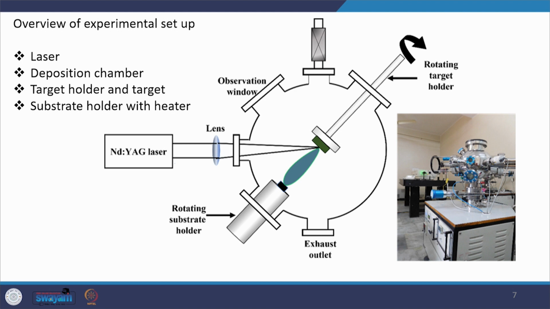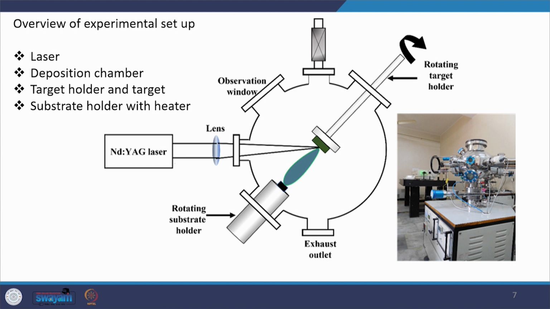So, a fresh or polished surface is always required. That is why sometimes we have to change the target routinely, or raster or rotate the target continuously.